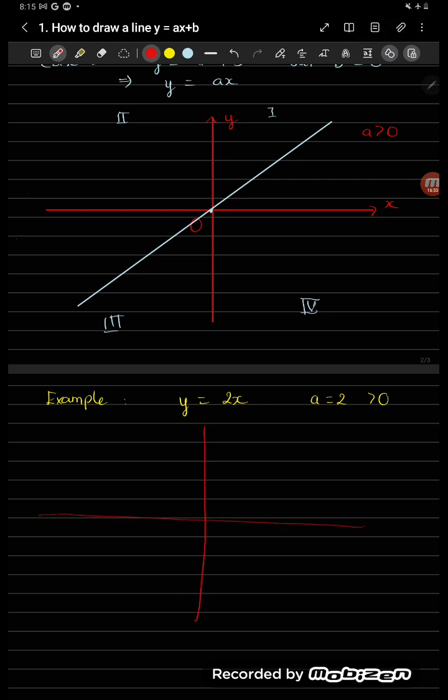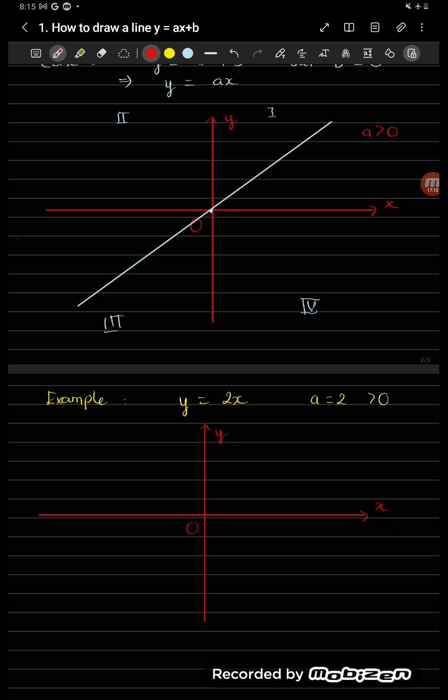I already said from the beginning that we need 2 points to draw a line. So y equal to ax is the same thing. We need 2 points, but we already know that this line goes through the origin, so we already know 1 point.